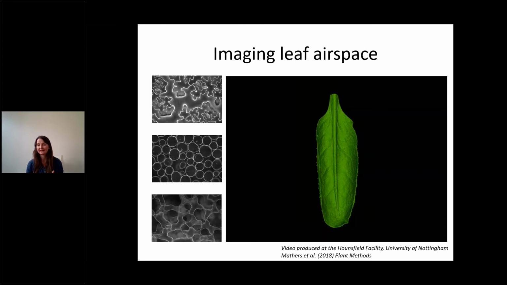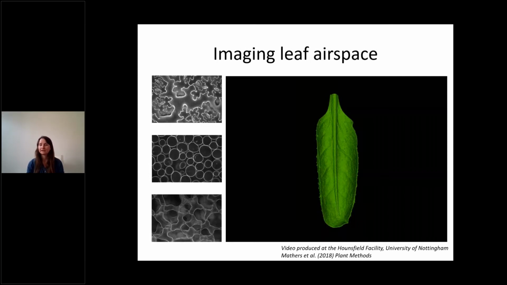But in order to do any of them, you have to have a clear picture of what that structure looks like. Traditional histological approaches to examining leaf anatomy are great in many ways, but they do have their limitations, such as often low throughput. It can be really hard to serially section a leaf and then reconstruct it fully in 3D.